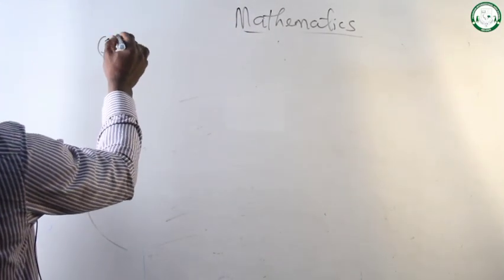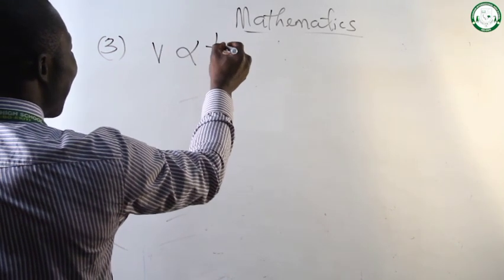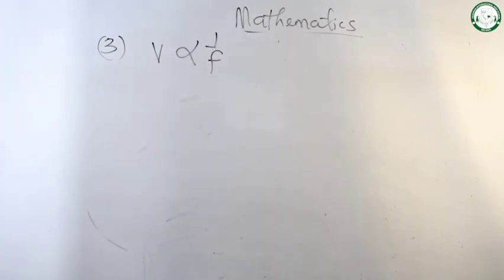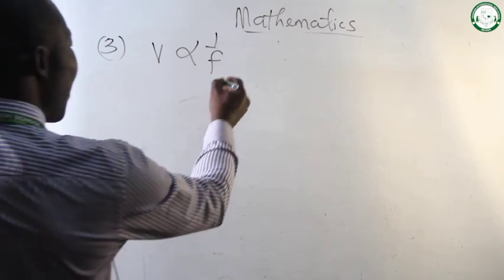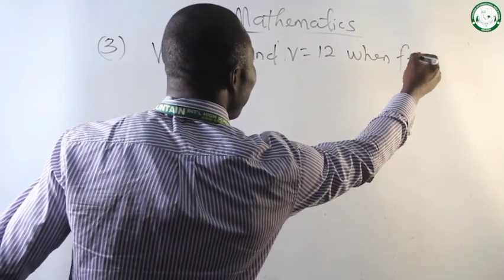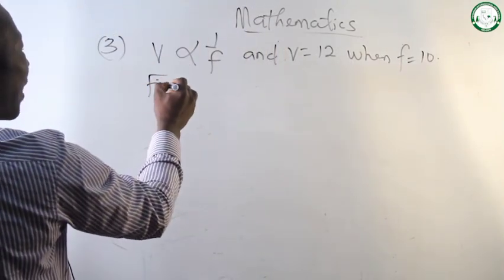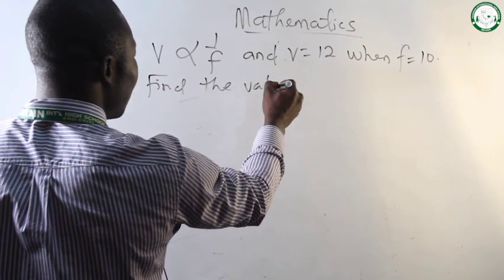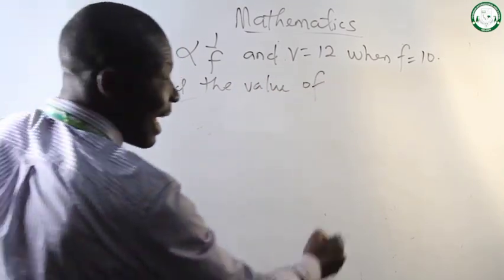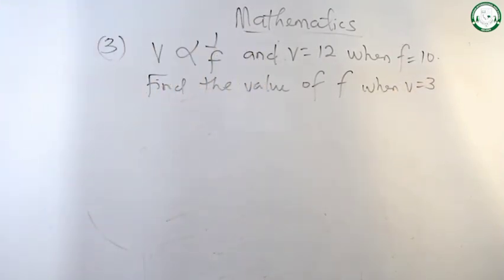Example number 3 says: if v varies inversely to f, that is 1 over f, and v equals 12 when f equals 10, we are asked to find the value of f when v equals 3.